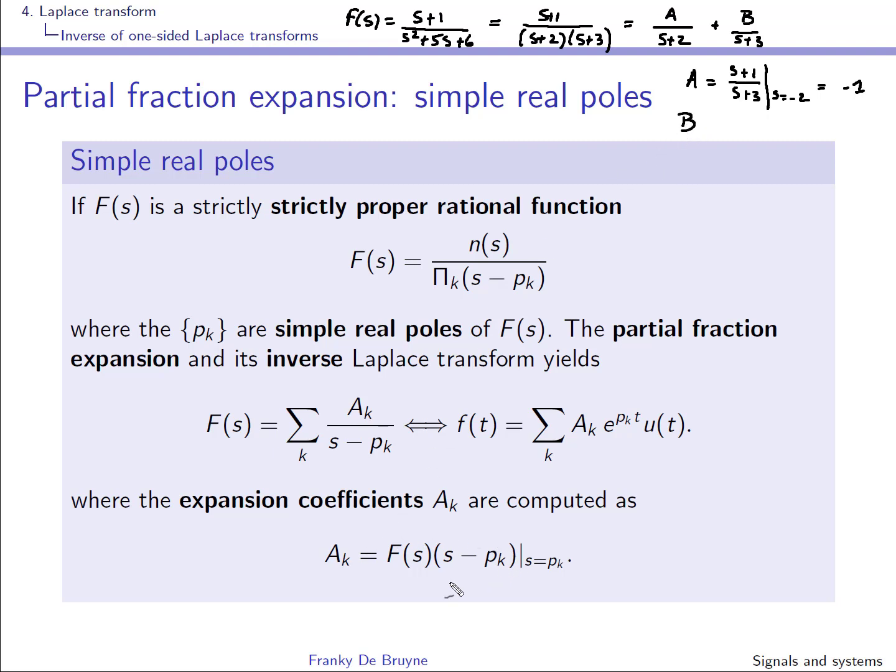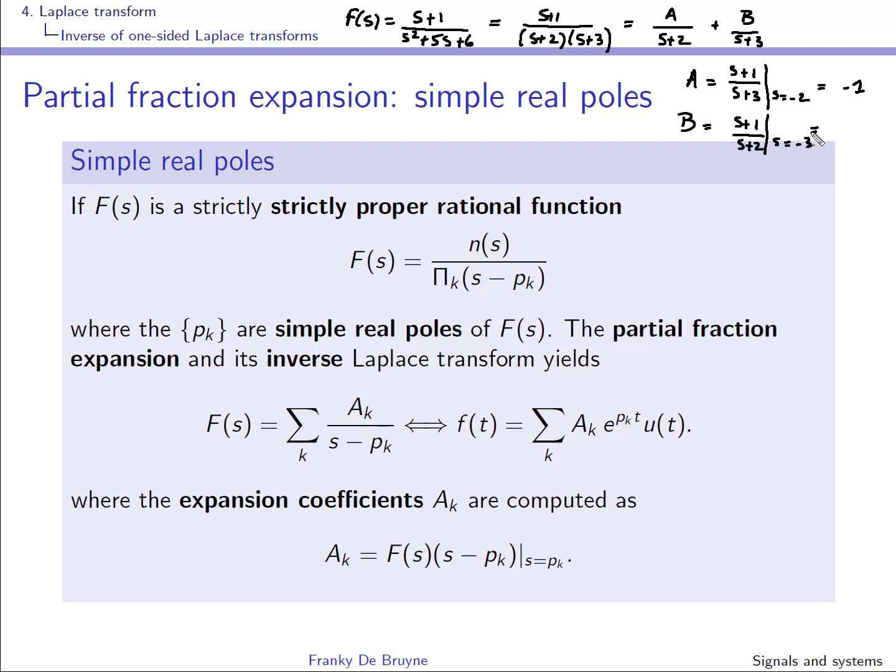Okay, so B, if you look at this, you need to multiply this one by s plus 3. So we are going to hide this one, and what remains is s plus 1 over s plus 2, evaluated at the root here, at the pole, s equal to minus 3.